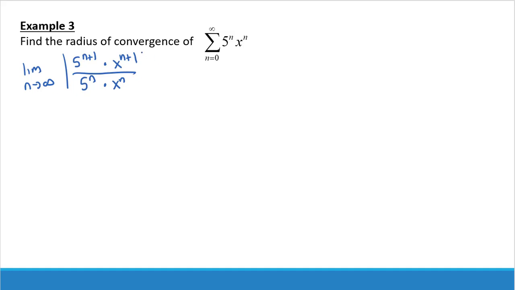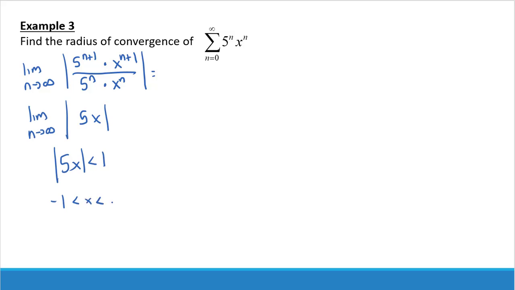And that simplifies to 5x. So in order for this to converge, the absolute value of 5x has to be less than 1. Stating this another way, negative 1 has to be less than 5x, which has to be less than 1.